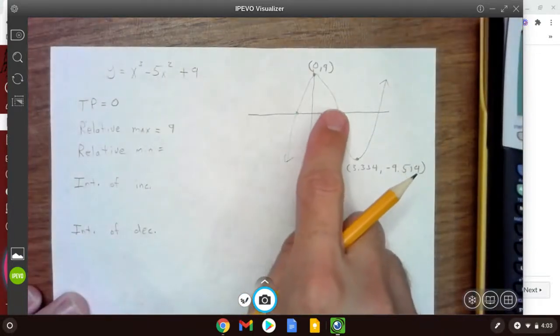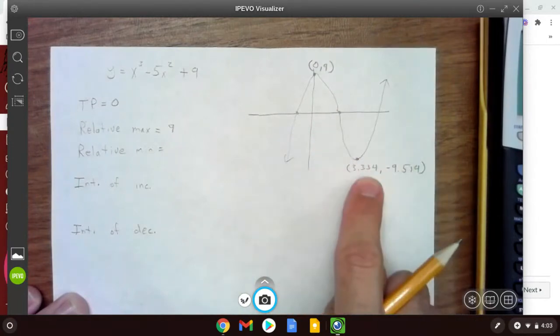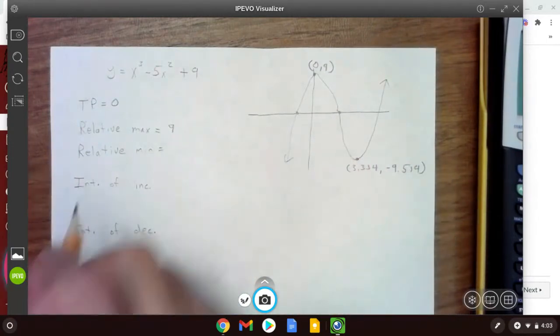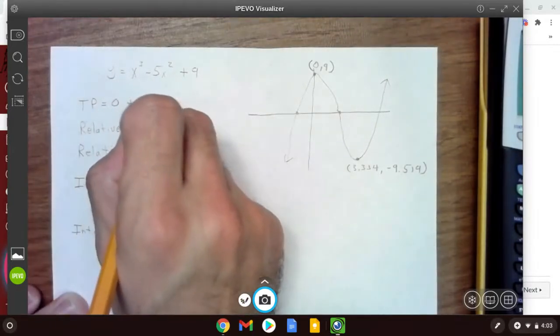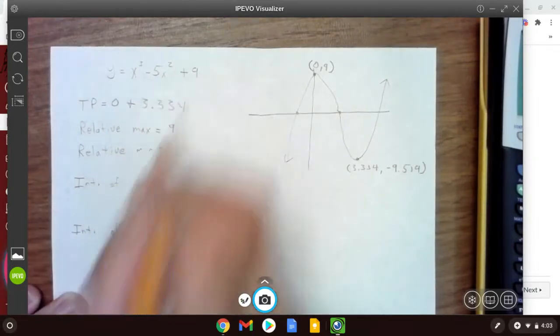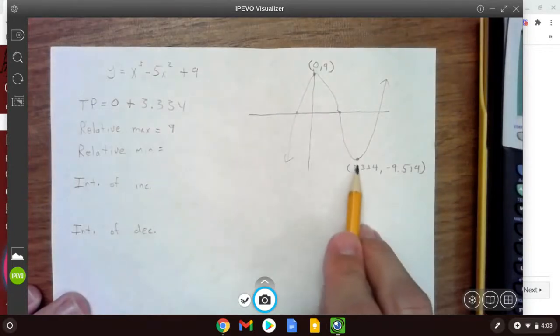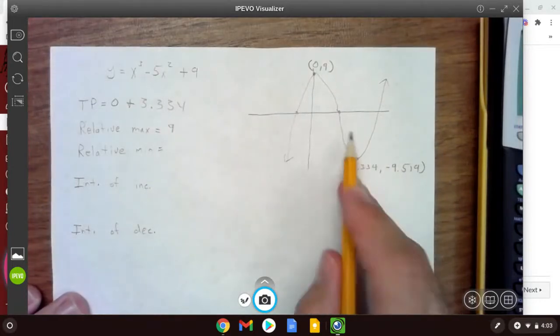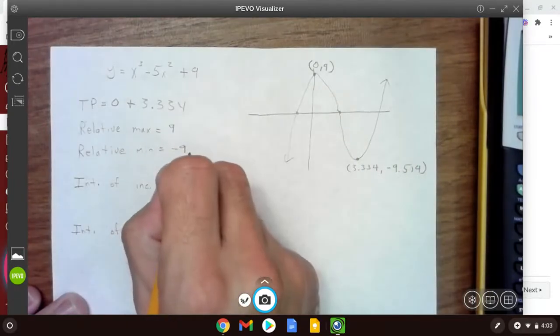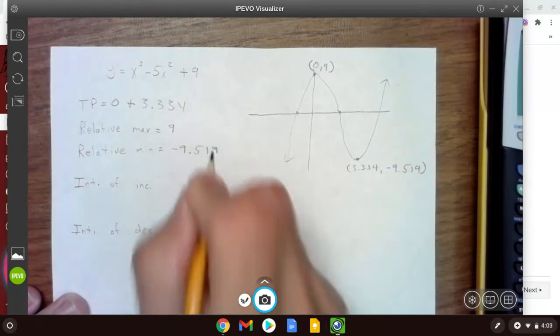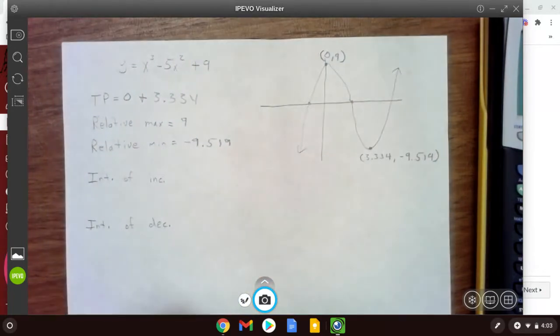It went from decreasing to increasing at that x value. So the turning point is 3.334. And this is a relative minimum because it's the y value at a down to up turning point. So -9.519.